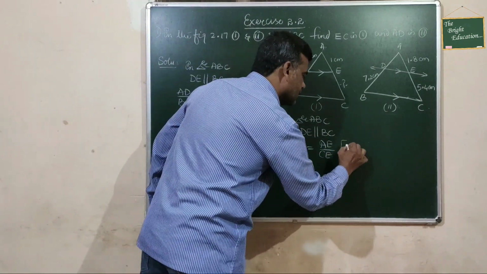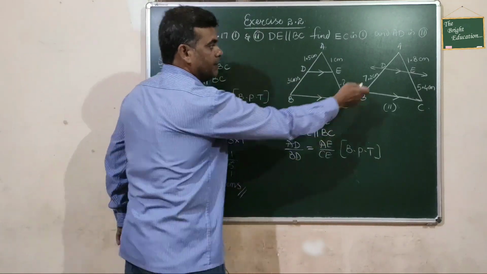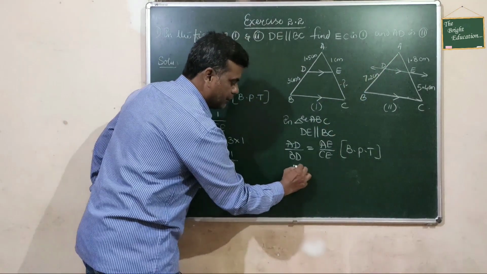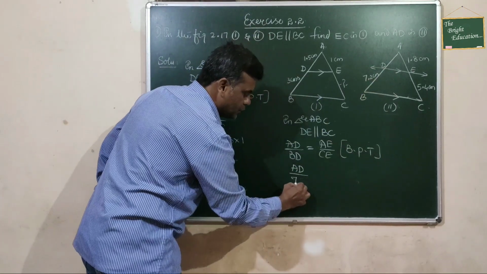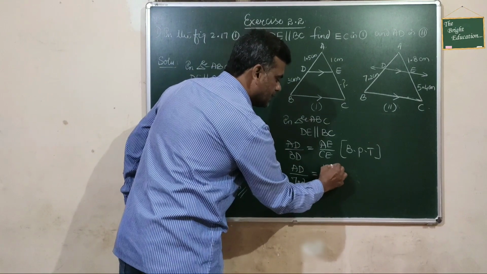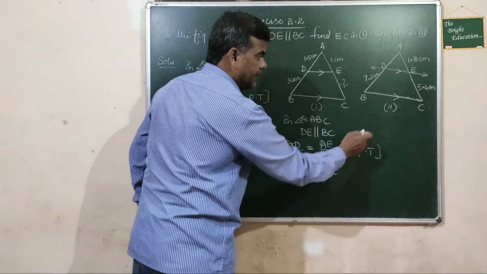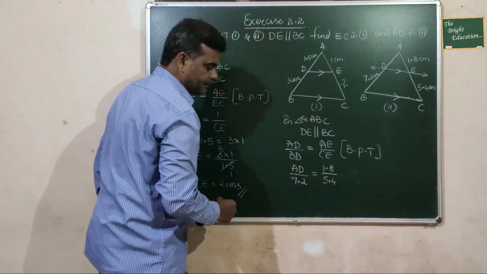This is because of BPT. Now write the values. AD we do not know. Length of BD is 7.2, equals AE 1.8 divided by CE, which is 5.4.